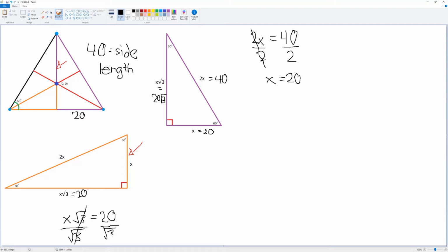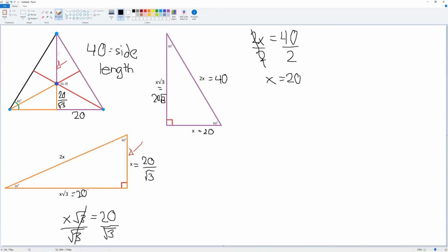And we have over here now that this side length is equal to 20 divided by radical 3, or 20 over radical 3. So now we know not only that this is 20, we know that this right here is going to be 20 over radical 3. We know that this entire length is going to be 20 rad 3.